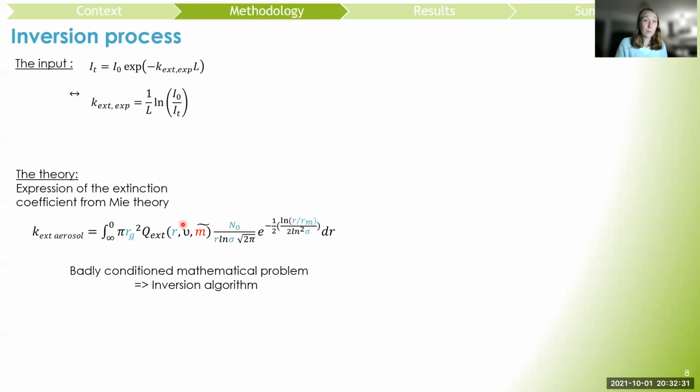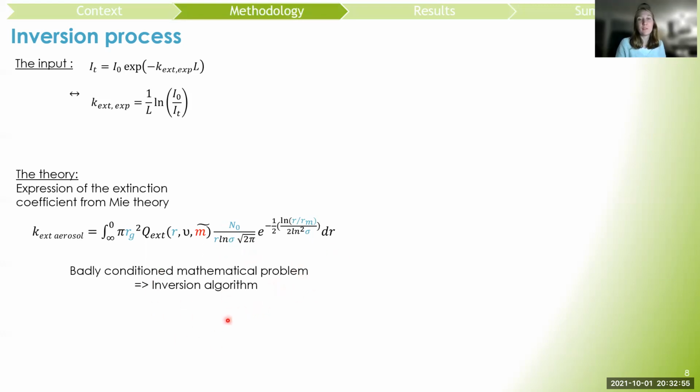So it will then be possible to isolate the complex refractive index of the compound, but if you remember, the complex refractive index has two parameters, the real and the imaginary refractive index. So it's two unknowns and one equation. So we have a mathematical problem.